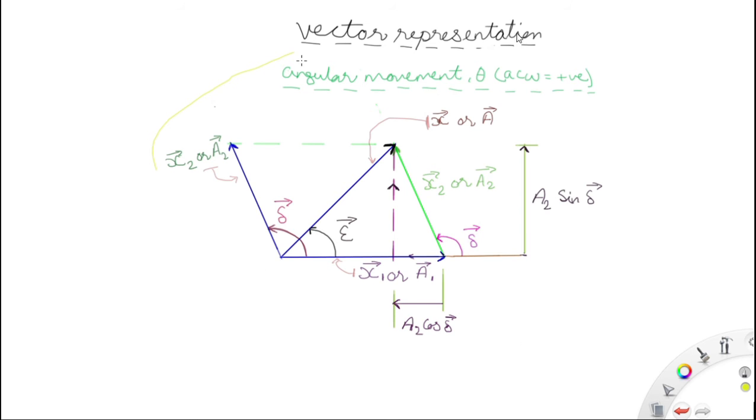So this is the vector representation. This is the epsilon, the resultant epsilon, which means the phase, or the angular displacement vector. And delta is the phase difference.